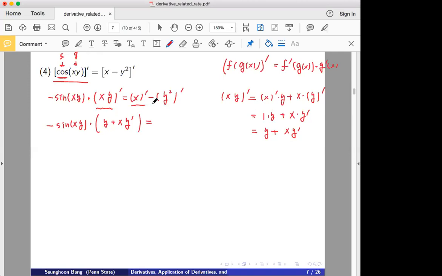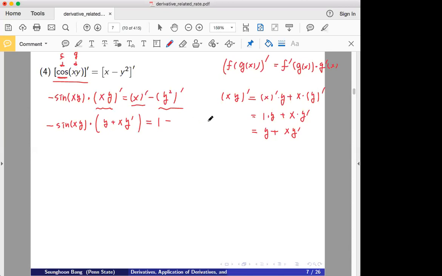This is 1 minus, what is y square prime? So y square prime is 2y times y prime.